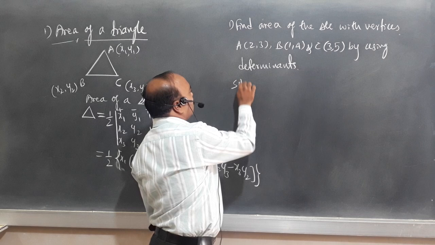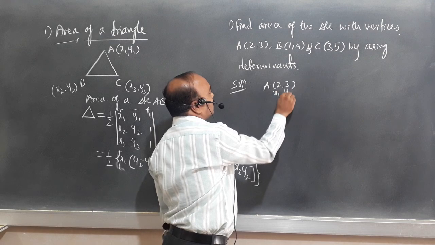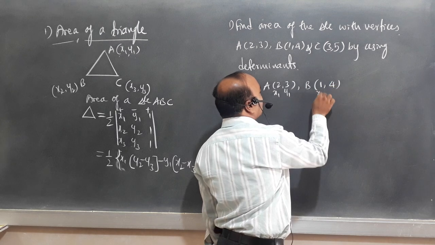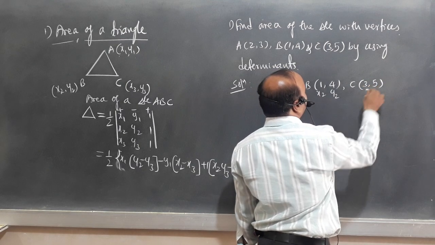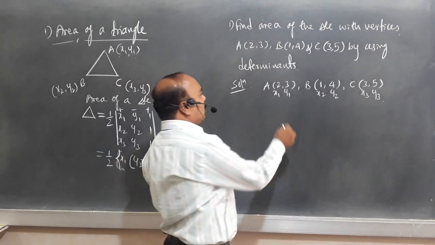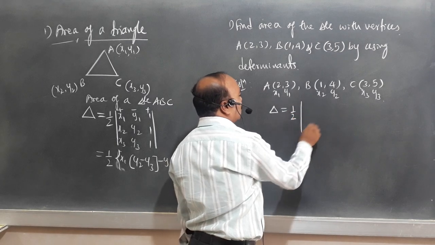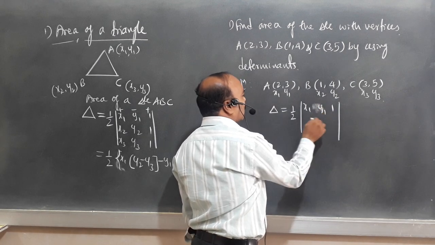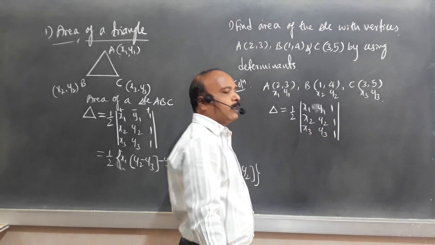Now the solution of this. It is given A 2, 3, take this as x1, y1, vertex B as 1, 4, take it as x2, y2, and C is 3, 5, take it as x3, y3. Now the area of triangle formula is delta equal to 1 by 2 times the determinant of first row x1, y1, 1, second row x2, y2, 1, third row x3, y3, 1.